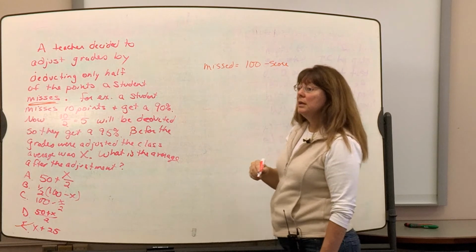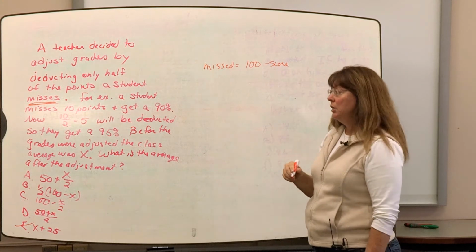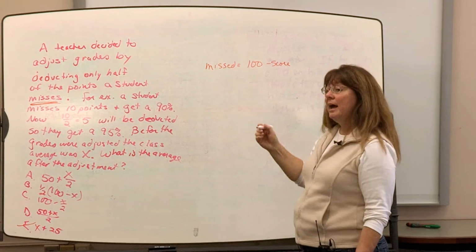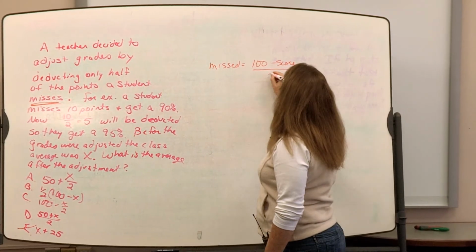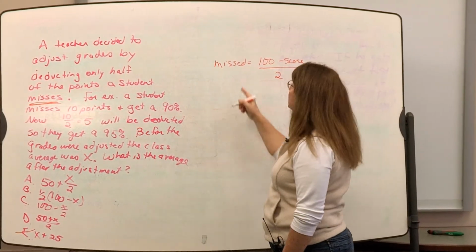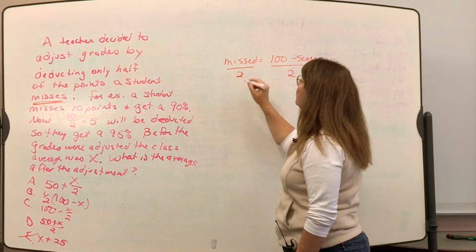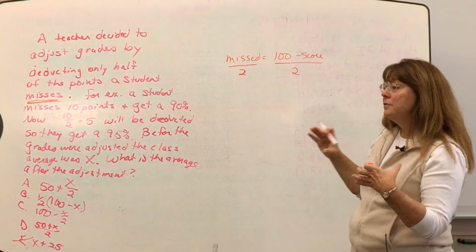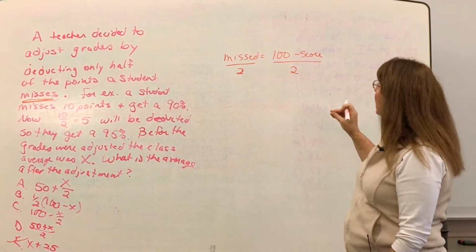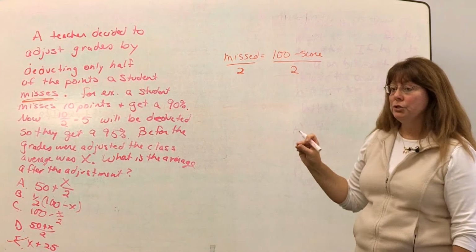And we're only changing our score by half of that. So that total gets divided in half. They're taking half of their missed points, and half of those missed points gets added back in to my average.